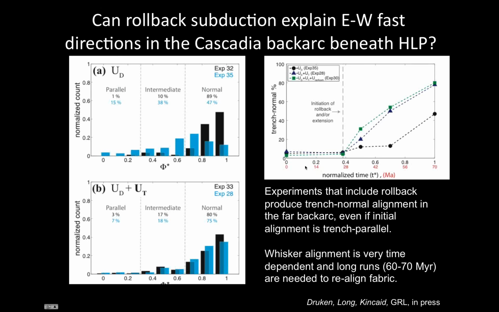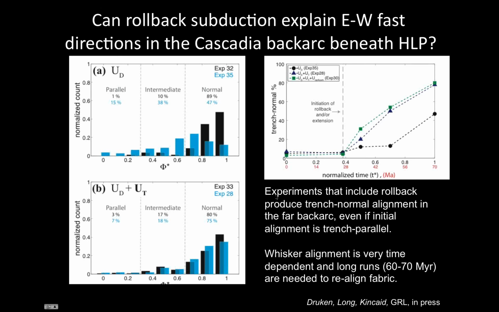And you can see this is time, normalized laboratory time, and then millions of years. So you can see that she runs the experiment for a while, and then in these two experiments, the blue and the green, she kicks in the rollback, and after you kick in rollback, these experiments do a much better and more efficient job of realigning these finite strain markers.